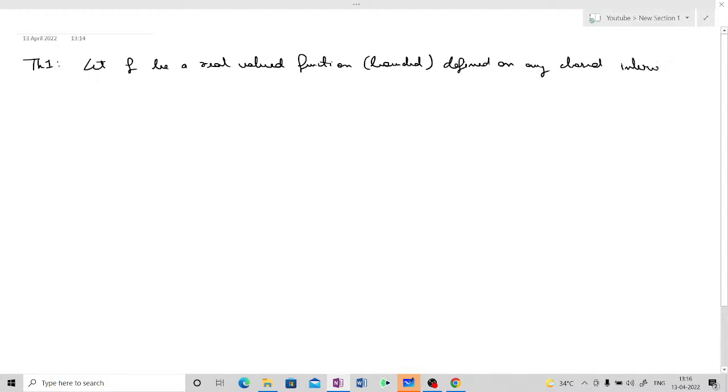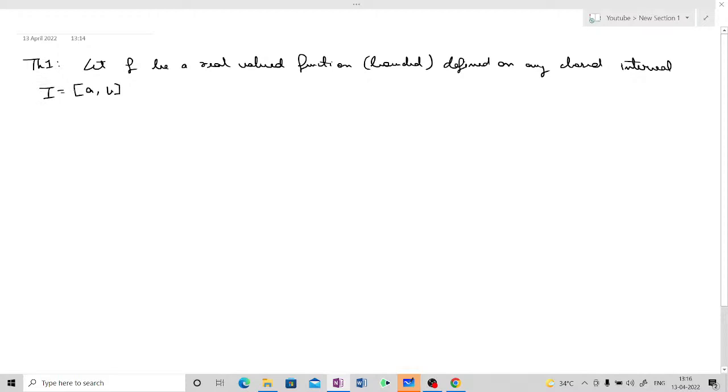Theorem 1. Let f be a real valued function, which is bounded, defined on any closed interval [a, b].